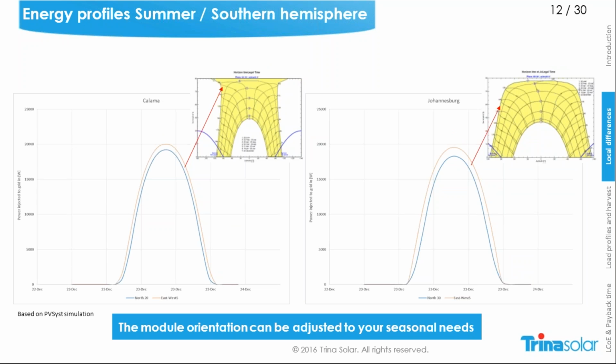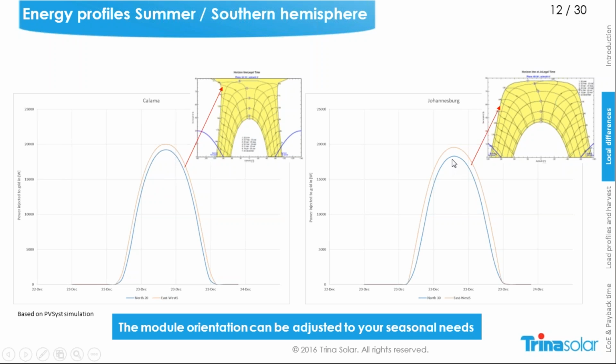If you now go to the southern hemisphere, if you're now comparing Kamala and Johannesburg, we even have here north-orientated compared to an east-west system, then you can see here that the blue curve, the north curve, is during the summer lower than the east-west. The same here in Johannesburg.